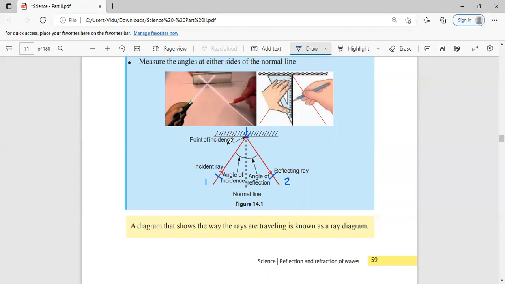The perpendicular line drawn to the mirror at the point of incidence is the normal line. You can see a perpendicular line here drawn to the mirror at the point of incidence. This is called the normal line or normal.